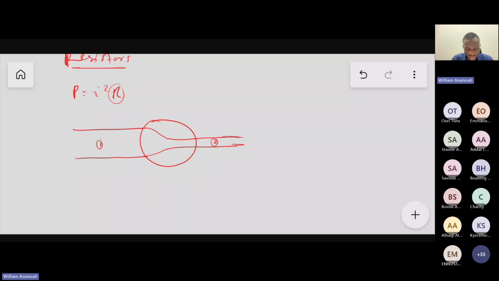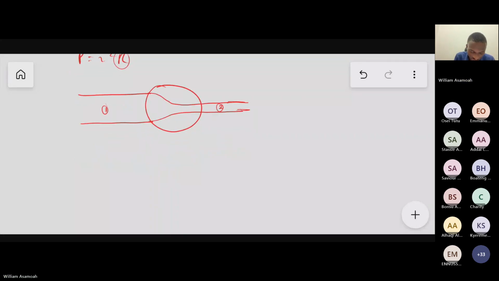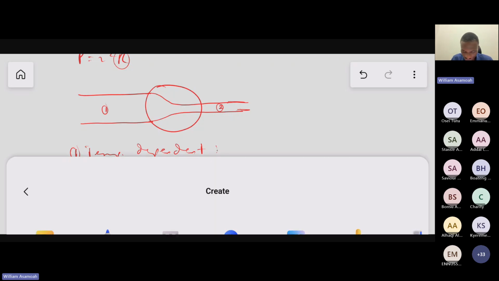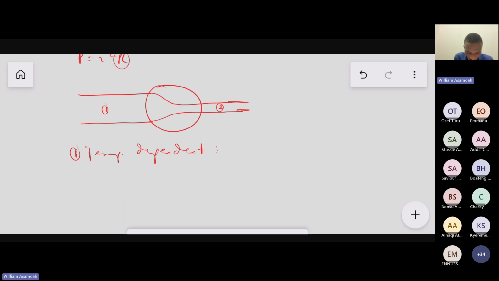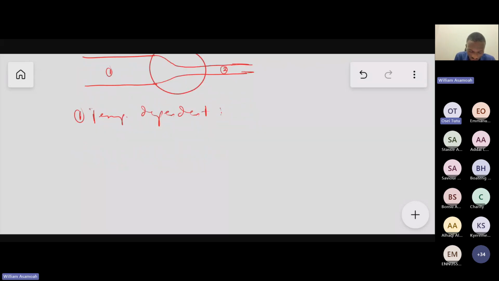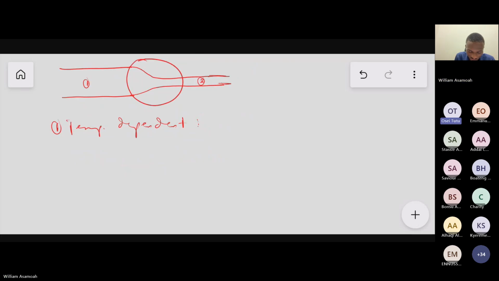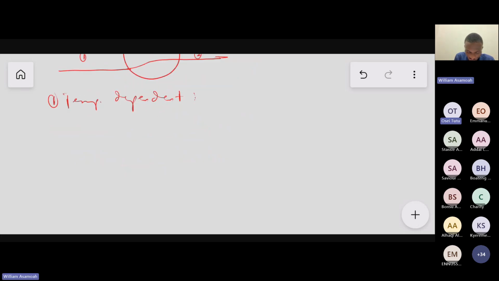Now, resistors, number one, are temperature dependent. Resistors are very temperature dependent. You learned this in senior high school, right? Didn't you? Have you forgotten? Good. So what was the temperature dependency equation with resistors?